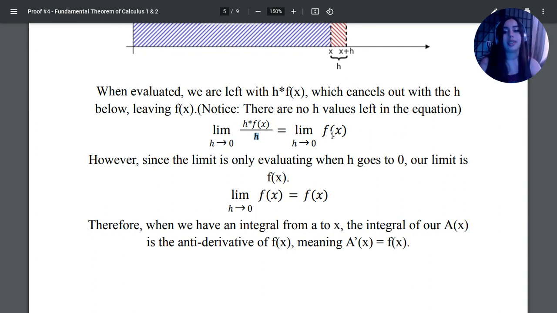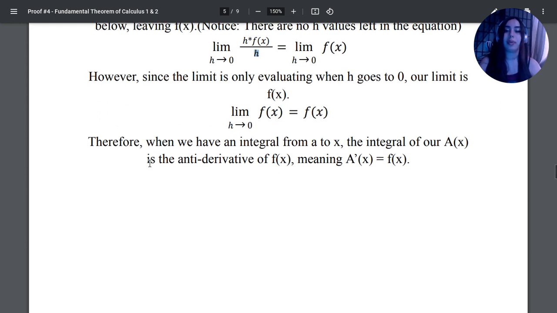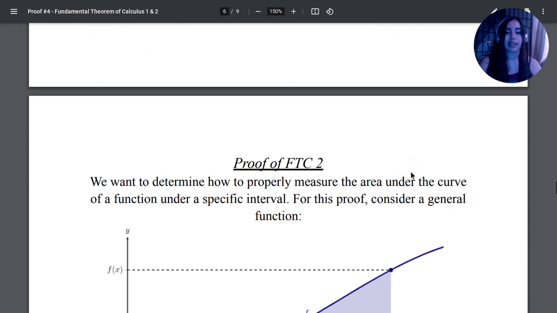However, recall that since our limit is only evaluating when h goes to 0, our limit is f of x because there are no h's left to evaluate. Therefore, when we have the integral from a to x, our integral is the antiderivative of f of x, meaning that A prime of x is equal to f of x.